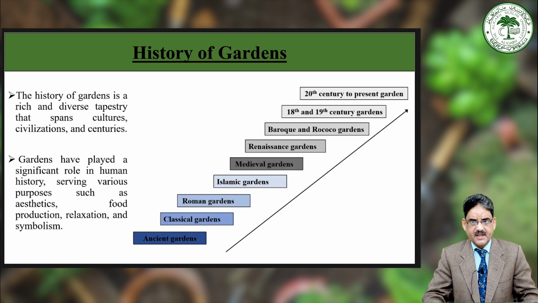Gardens have played a significant role in human history, serving various purposes such as aesthetics, food production, relaxation, and symbolism. Now let's talk about the history of gardens. The history of gardens is a rich and diverse tapestry that spans cultures, civilizations, and centuries.